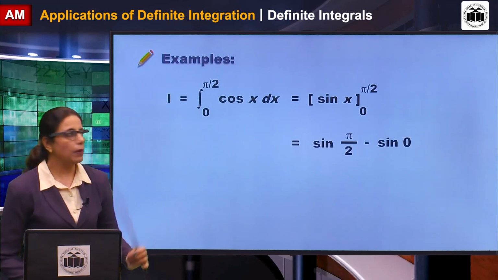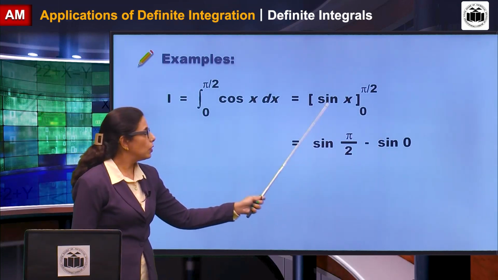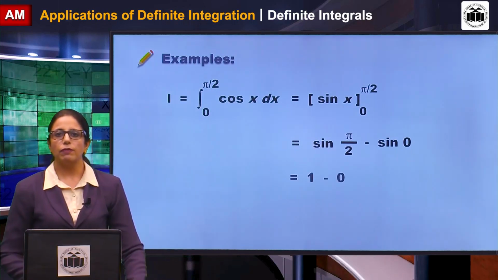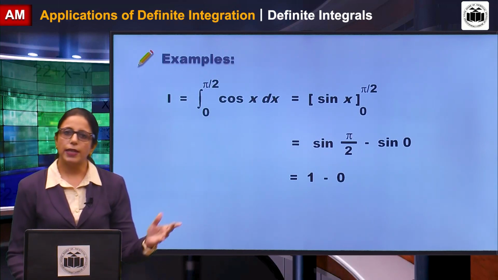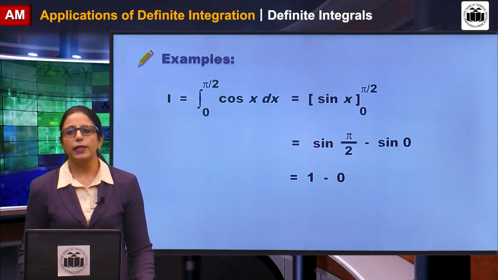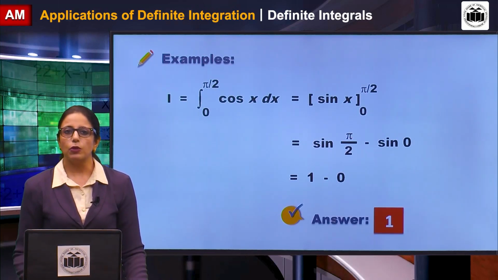First you apply the upper limit, then you apply the lower limit. So, sin pi by 2 minus sin 0. I hope you all know that sin pi by 2 is nothing else but sin 90, and the value of sin 90 is 1. So, 1 minus 0, hence the answer is equal to 1.